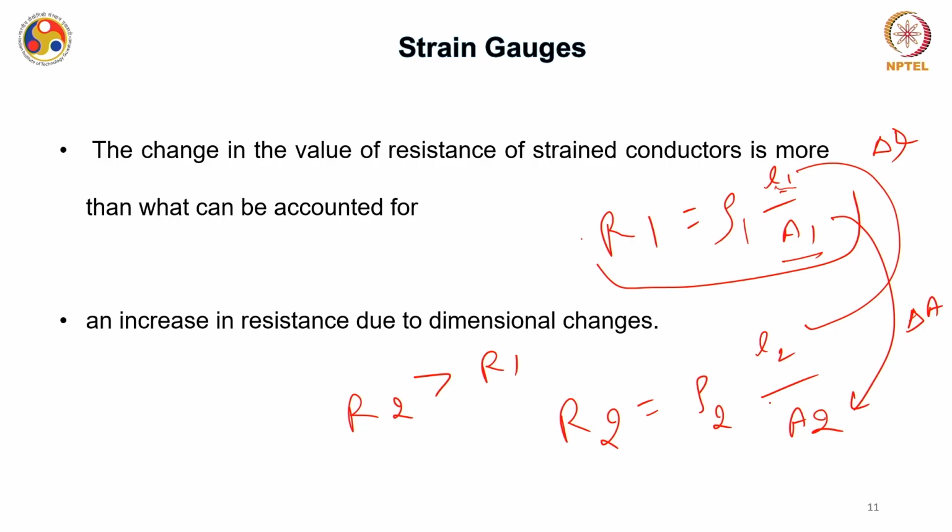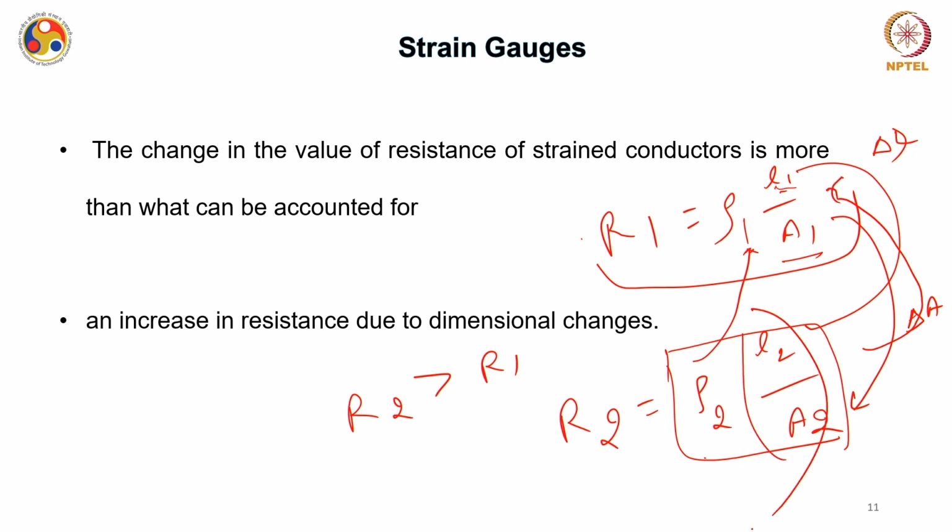So R2 has become rho 2 into L2 by A2, okay. However, mathematically you are not able to match this. What I want to say is, this value, whatever you are getting, ideally should match with the increment value to the initial value, if you are only accounting for L2 and A2.